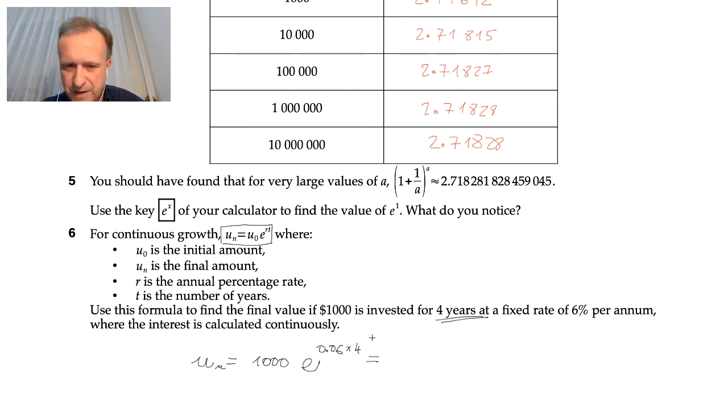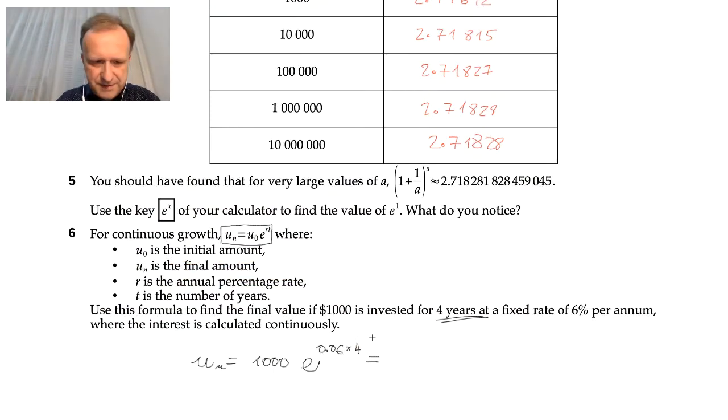So if I take my calculator and use this function, it should be 1000 times, now use this shift key and e, and now in the exponent I write 0.06 times 4. Okay, like this.